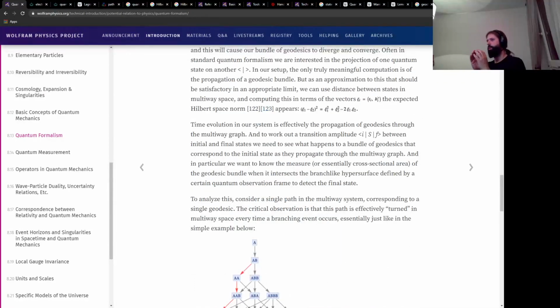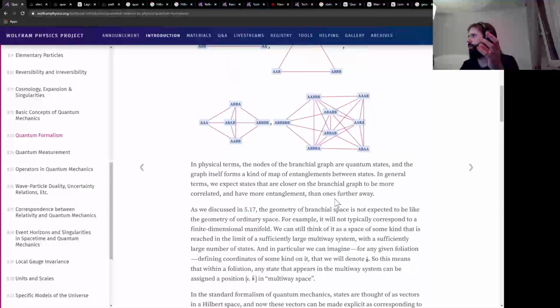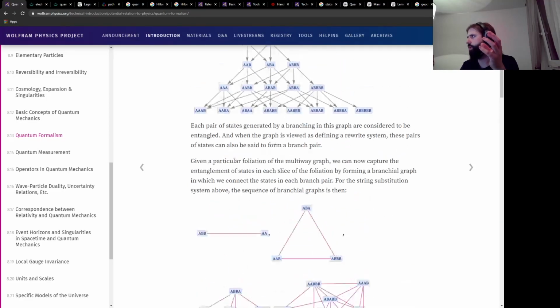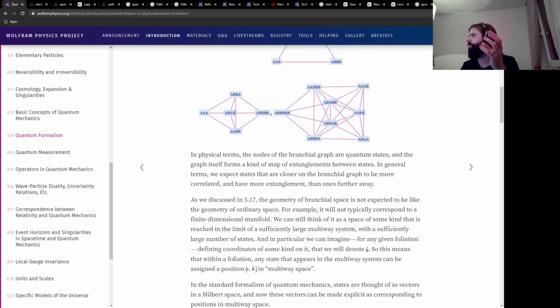Okay, let's try to recap a little bit. Following the typical way this kind of documentation seems to be laid out, we try to map things to this model. In the quantum formalism part, the first half is quite digestible. It's about mapping states to nodes and what each foliation means.